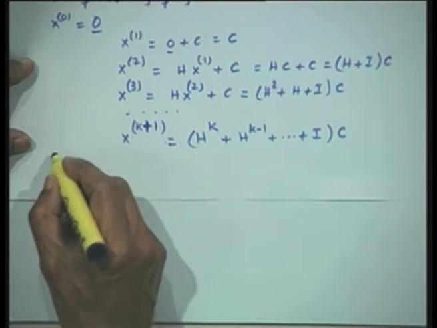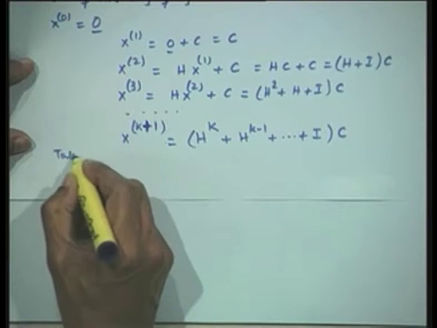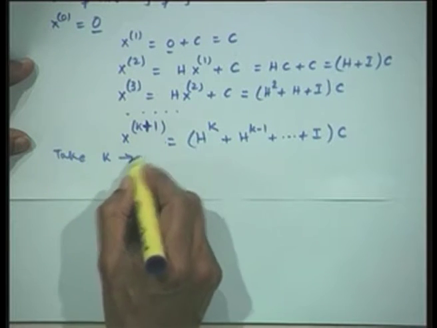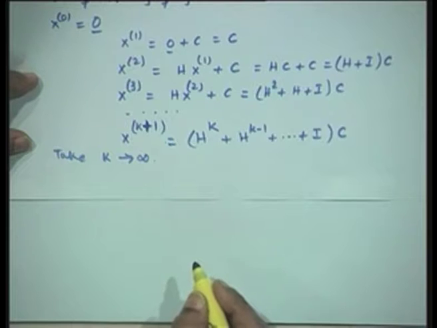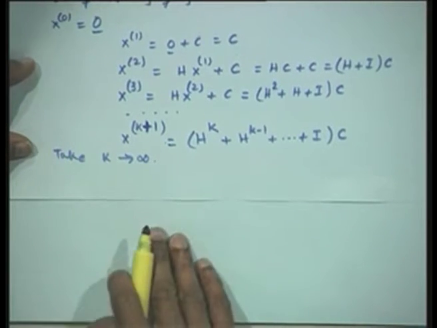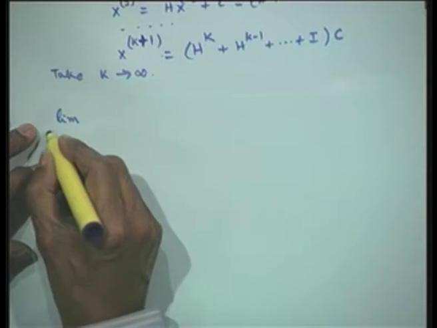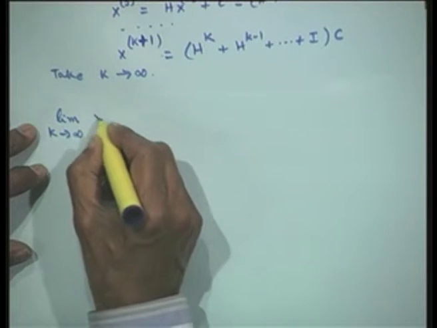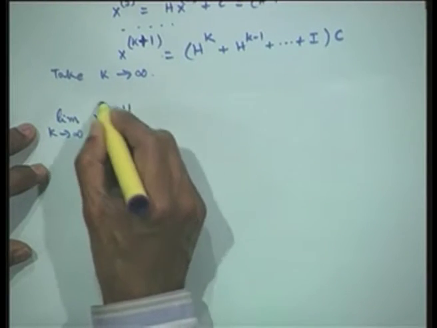Now, take limit, take k tending to infinity. So, the left hand side would be limit of k tending to infinity x k plus 1.